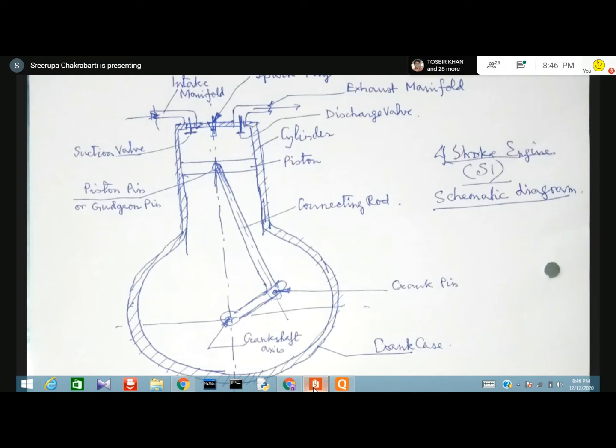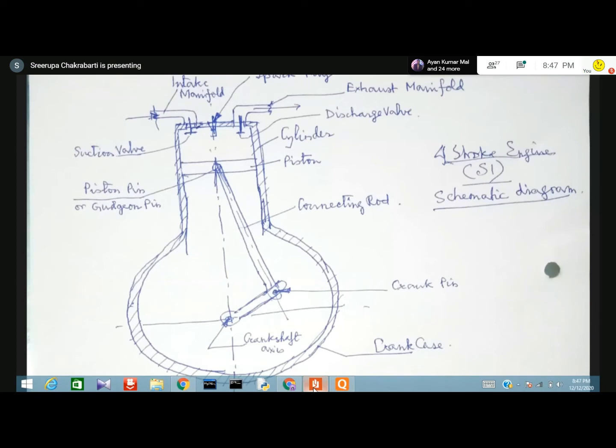Not only that, because of this there is bending also, because if you consider the connecting rod as a bar, there is a chance of buckling also in the connecting rod about its axis. So it develops tensile, compressive and bending stresses, which are changing. Same thing happens with the crank also.